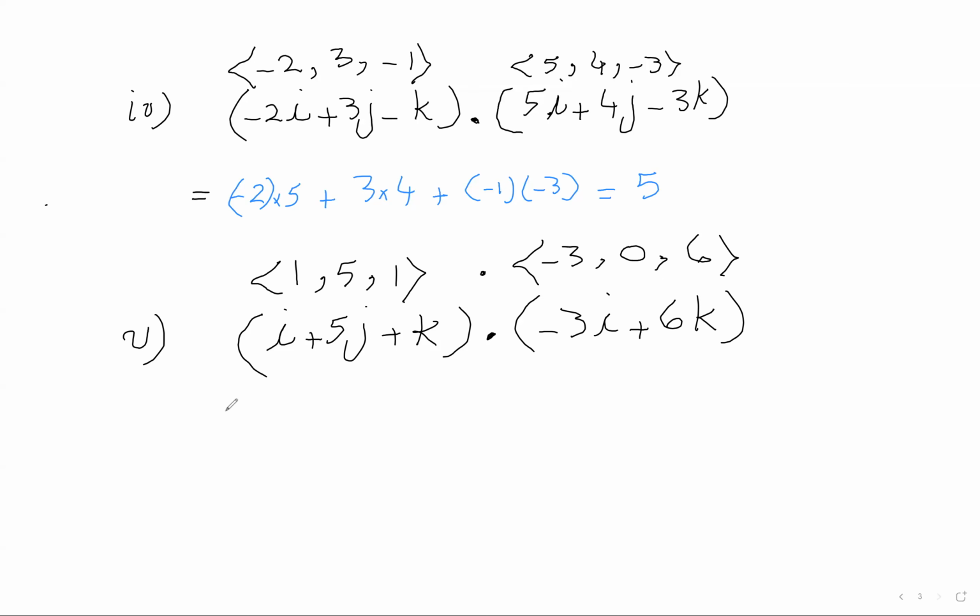So when I do the product here, we should pay attention to the point that since in the second vector we don't see j, it means that the coefficient of j is 0.